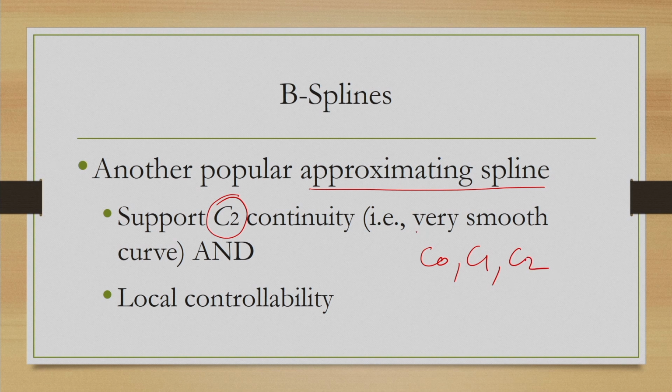In other words, these splines give us a very smooth curve and they support local controllability. So, Bezier curves do not have local controllability, whereas B splines are very smooth as well as support local controllability. So, all our problems are solved with B splines.